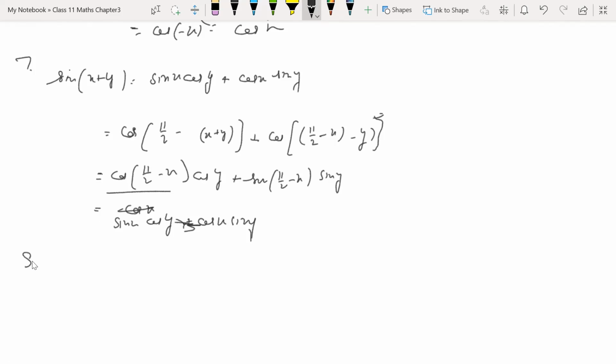And one more identity: sin of x minus y is sin x cos y minus cos x sin y. If you replace y by minus y in identity 7, you can get the result.